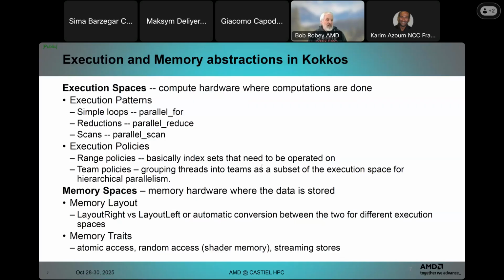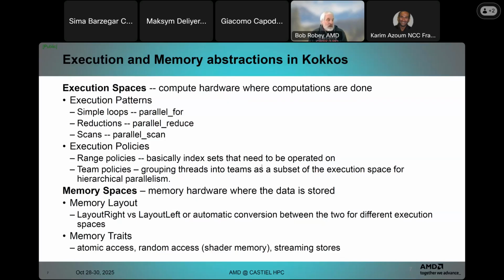Team policies allow us to leverage things like LDS and have more hierarchical parallelism where we need it. Memory spaces, so that's going to specify what level of memory we're at, different types of memory allocations.